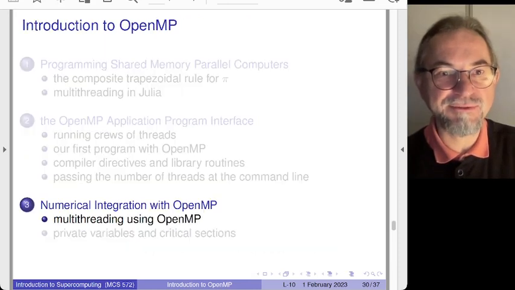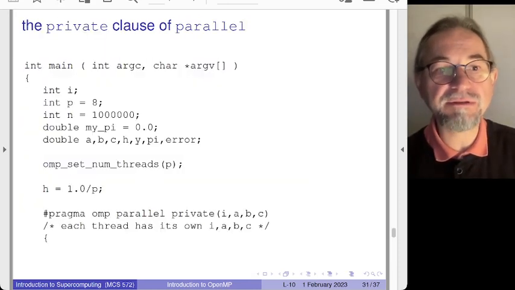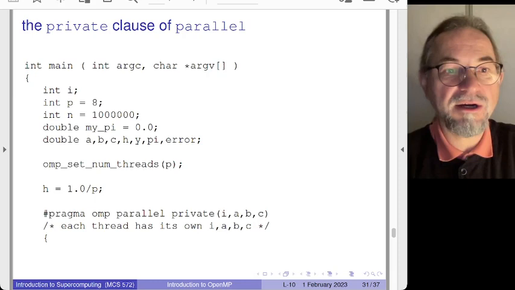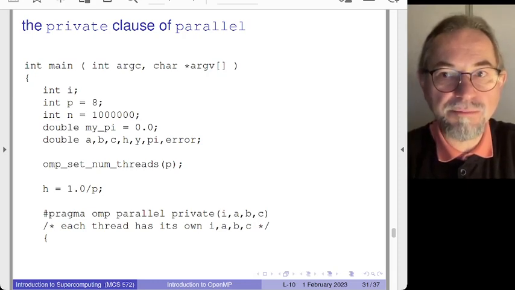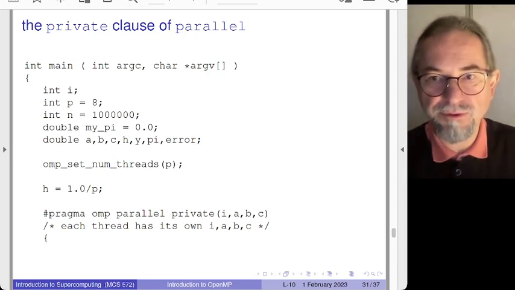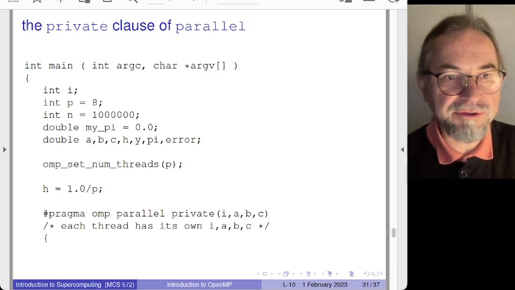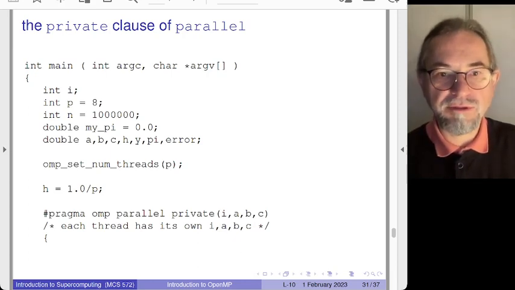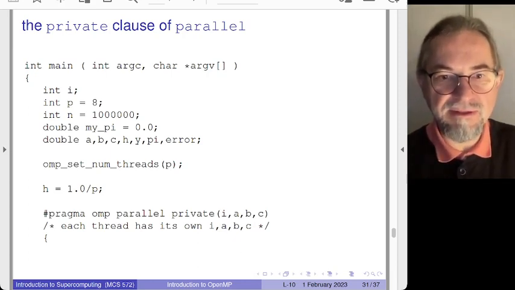So let's do this: multi-threading using OpenMP. And now again, I should perhaps, if I were a little bit more flexible, go to the ABC.